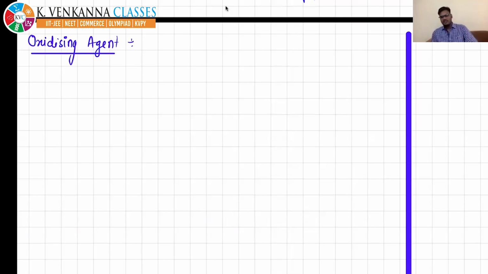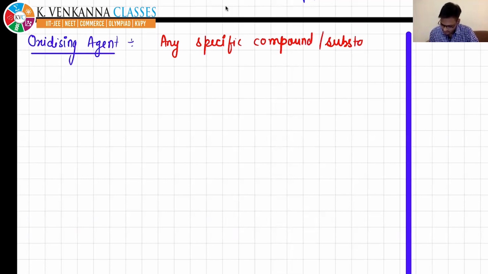So an oxidizing agent is any specific compound or substance which oxidizes others. It is an agent, it is working for others, right?